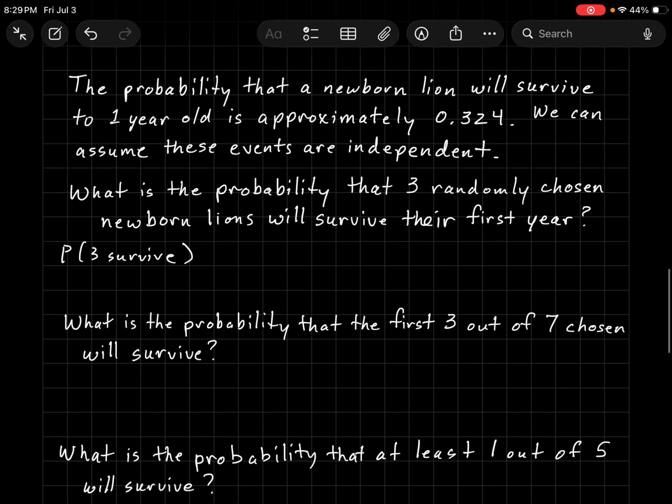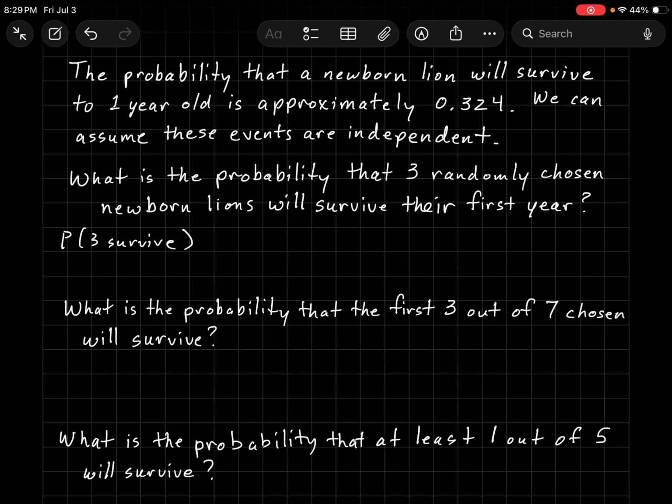But let's go to some more advanced problems. In this one, the probability that a newborn lion will survive to 1 year old is approximately 0.324. We can assume these events are independent for this problem. What is the probability that 3 randomly chosen newborn lions will survive their first year?